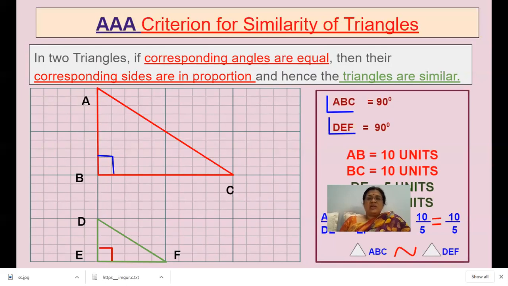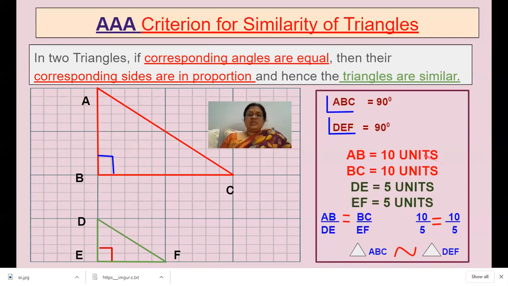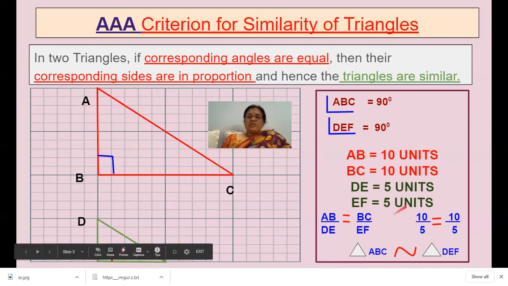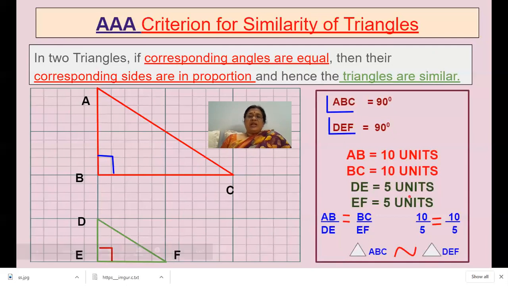How are the sides proportional? See the sides. AB's length is 10 units, and BC is 10 units. DE is 5 units, and EF is 5 units. When you take the ratios AB by DE and BC by EF, you get 10 by 5 equal to 10 by 5, and the answer is 2 equal to 2.